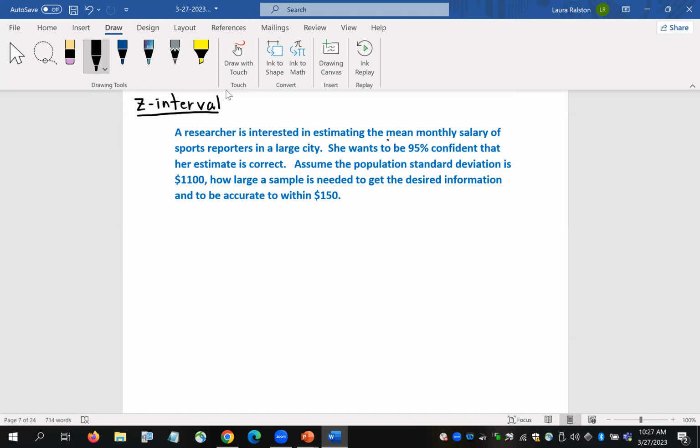It also tells me she's doing it for the mean, and it's a Z interval because I know the population standard deviation.